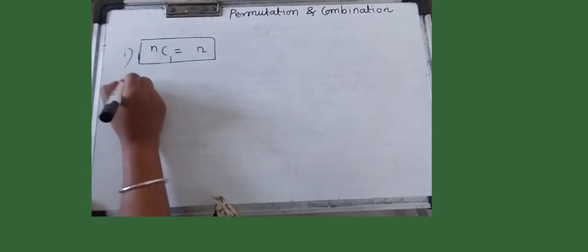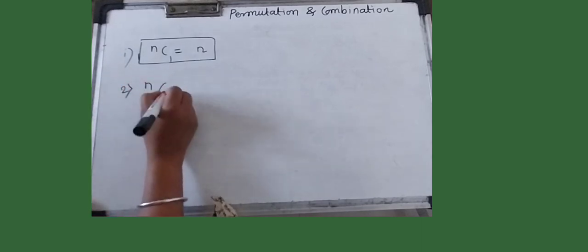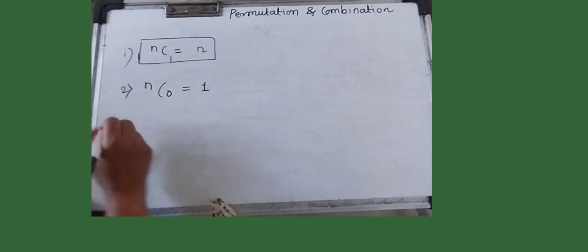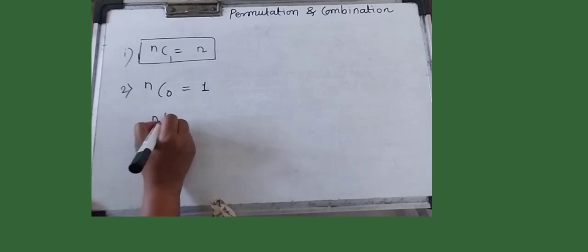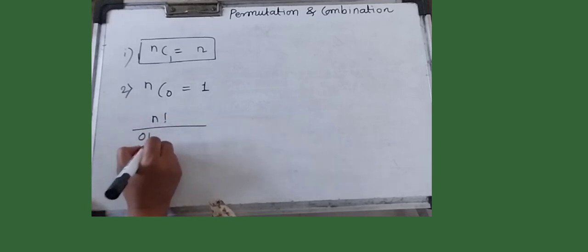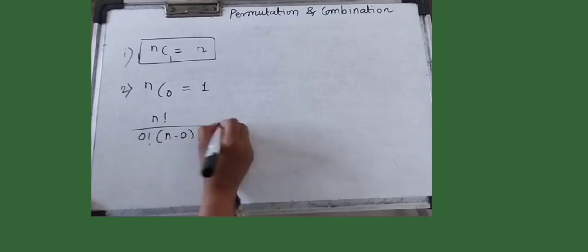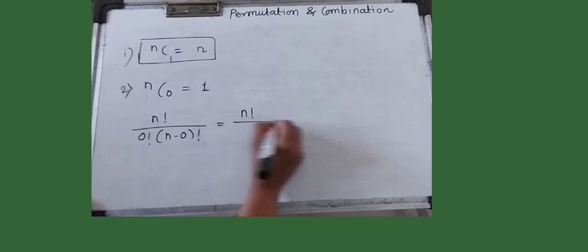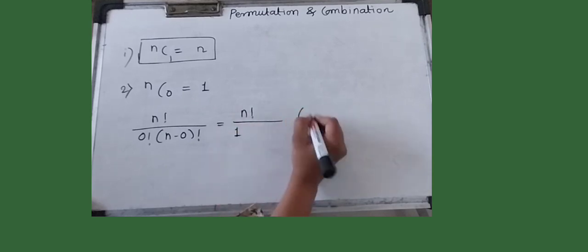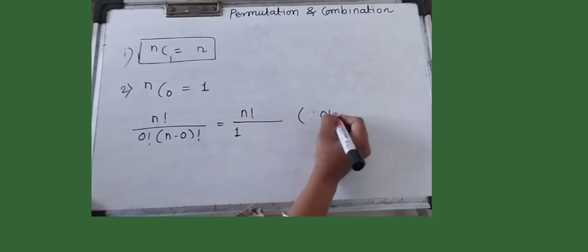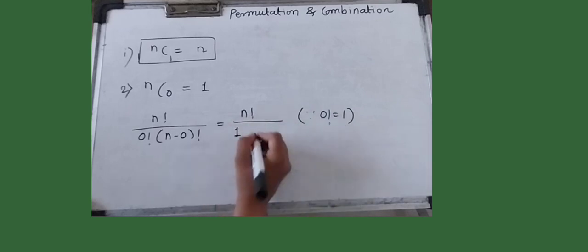This is the first. Now second. Second is nC0. nC0 is 1. How is it? N factorial upon 0 factorial into n minus 0 bracket factorial. N factorial. As we know, 0 factorial is 1, it is standard.